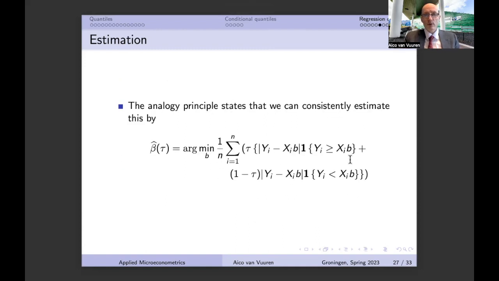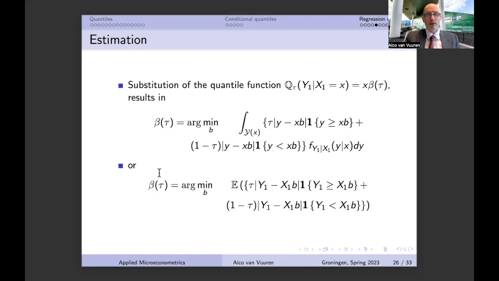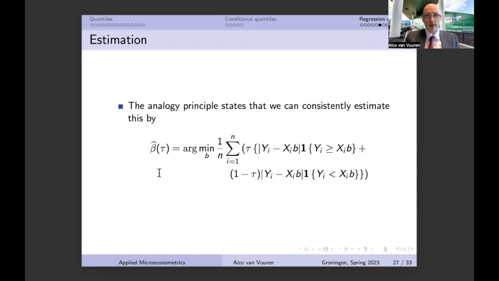It's different from the original function, but we do know that the moment that n goes to infinity, it's going to be exactly the same function, and therefore it has the same minimum. That implies, of course, that if we define beta hat tau as the minimum of this thing over here, then beta hat tau is going to converge in probability to this beta tau, hence it's going to be a consistent estimator.